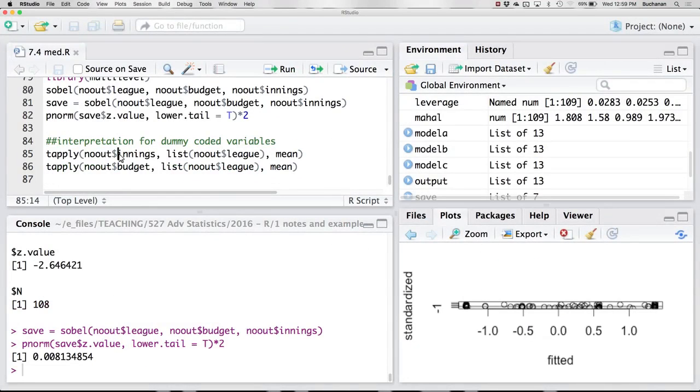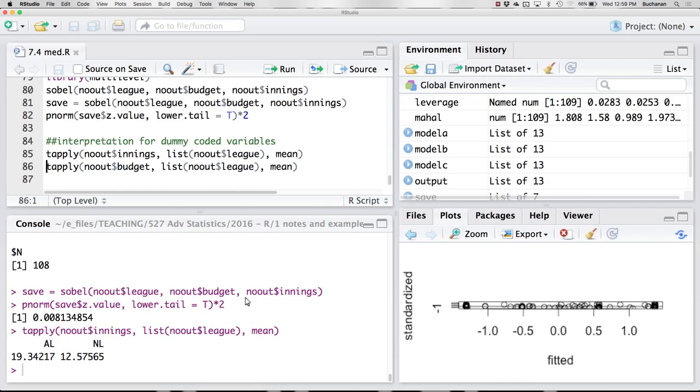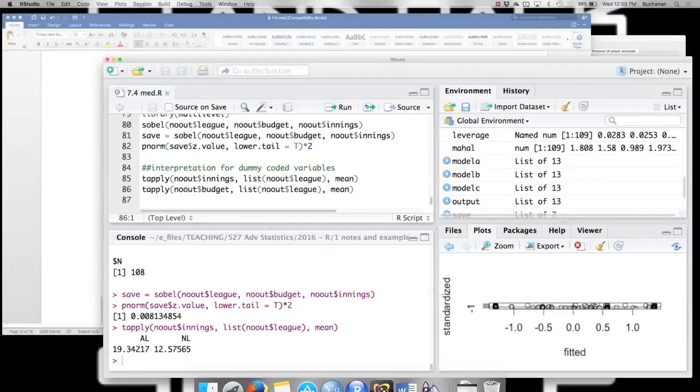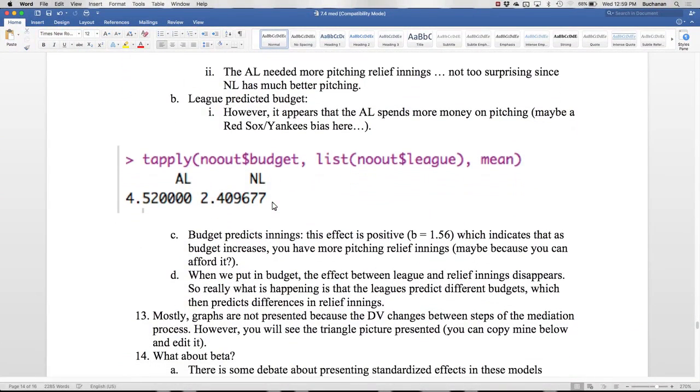So I just calculated the means for league as the IV and innings as the DV. And what you get is there's a 6-point difference between the two in innings. Okay, so the AL is requiring more relief innings than the NL, which isn't too surprising since the NL has statistically better pitching. Okay, so they're one and done faster.